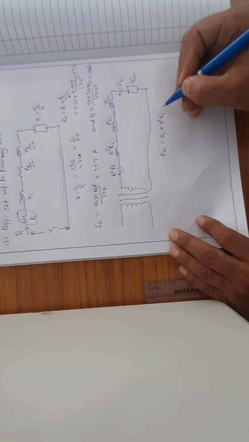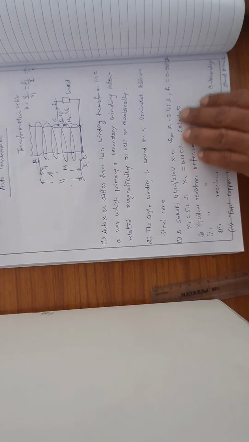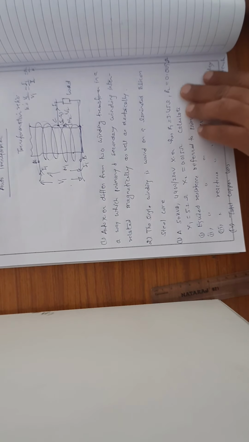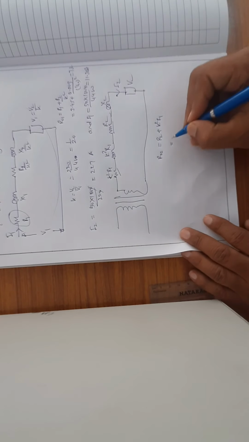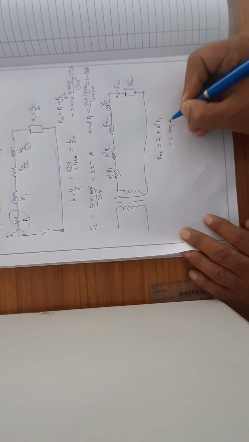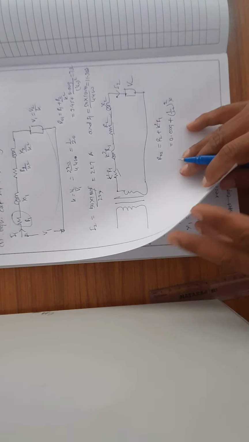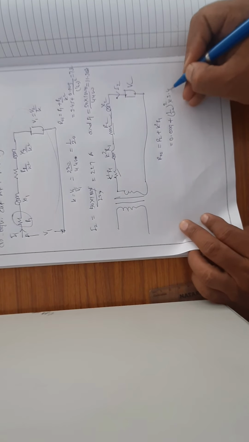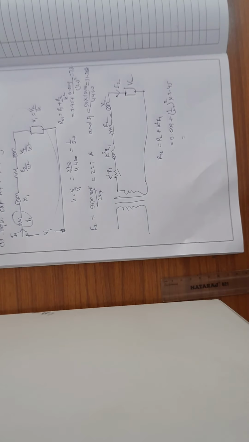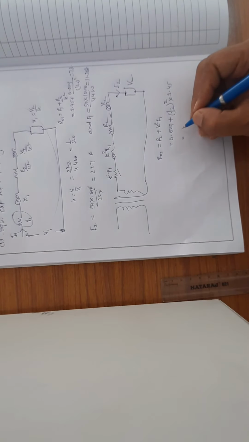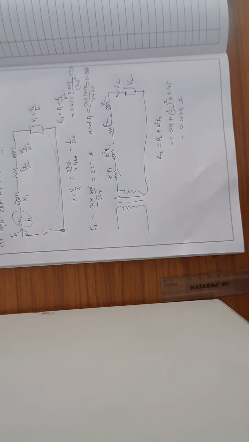R2 is 0.009 plus 1 by 20 whole square into R1, 3.45. It comes to 0.0176 ohm.